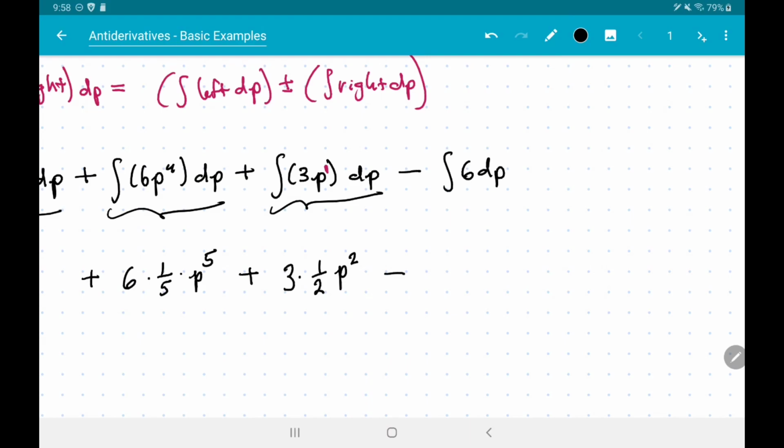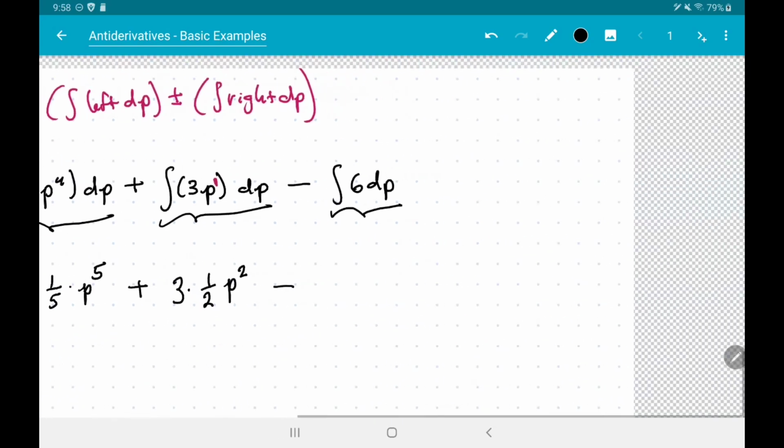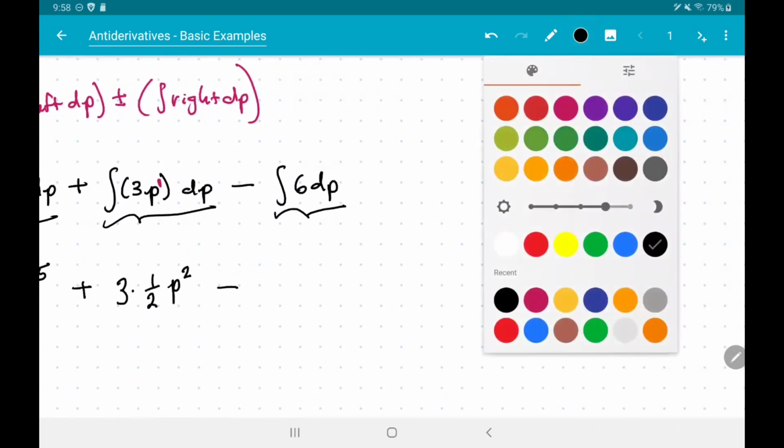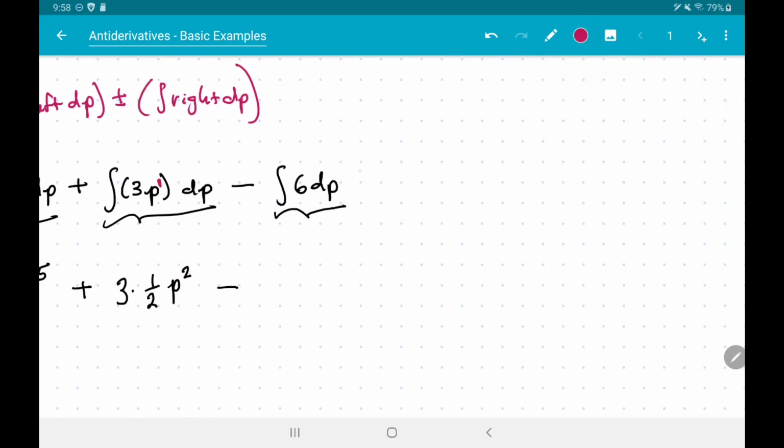Minus. Now this one might really throw you for a loop. What do you do if there's no p, if it's just the antiderivative of 6? Okay, well, here's something to think about. Suppose that I have a little f that's equal to 6, and I want big F prime of x to be equal to 6.